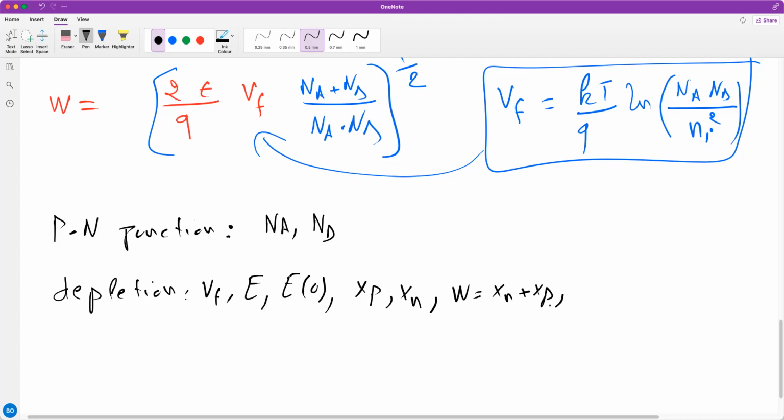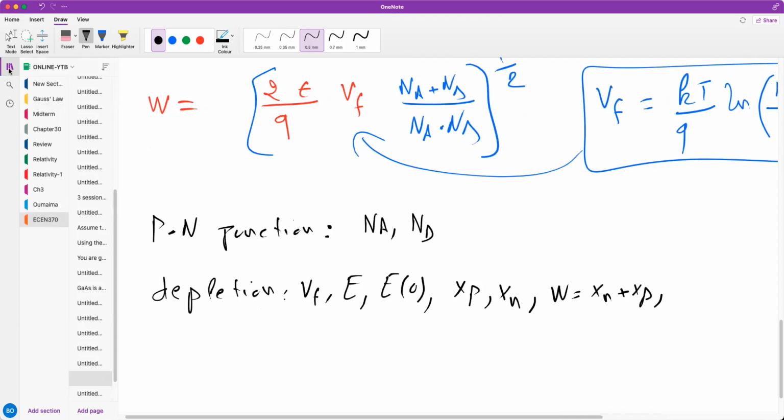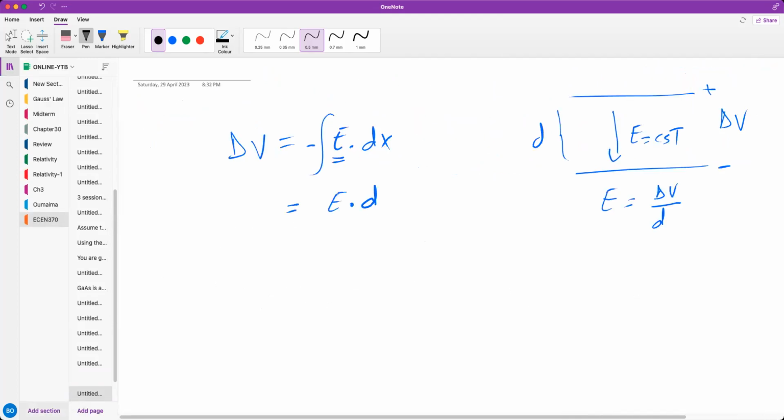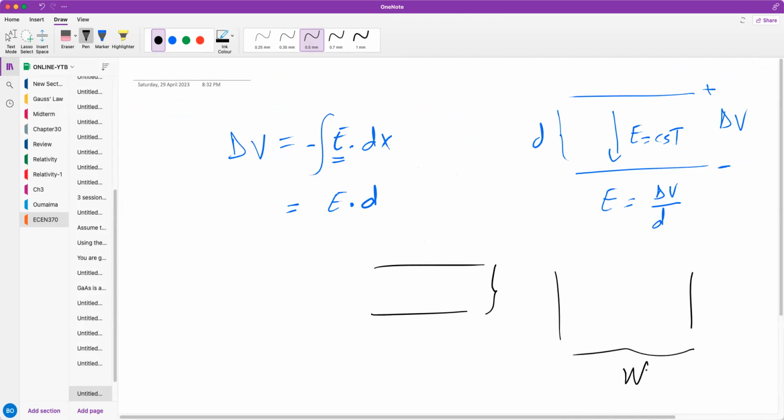There is one thing else. Now I want to go back to what I was mentioning to Isa. Now you have a potential difference here. This is the width of the PN junction. You have a width, you have a potential difference, right?